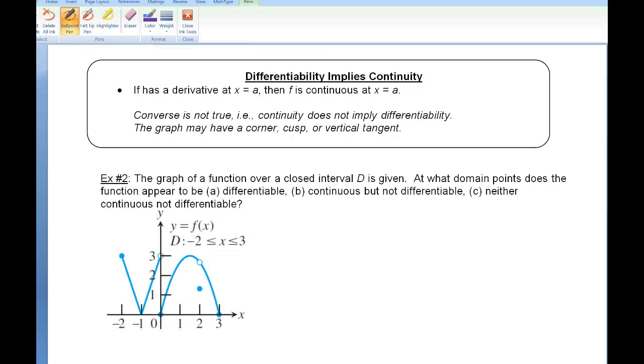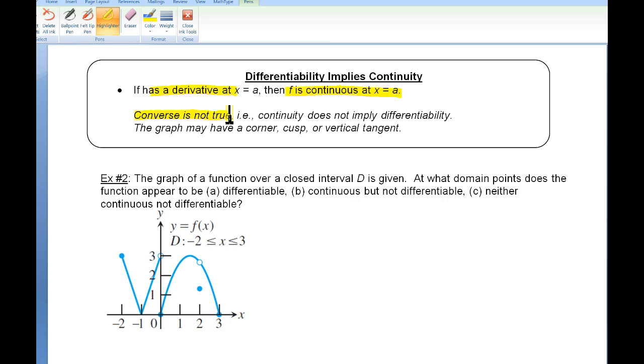So we have that differentiability implies continuity. If we know it has a derivative, then it has to be continuous. Note that the converse is not true. If it's continuous, it doesn't necessarily mean it's going to be differentiable.